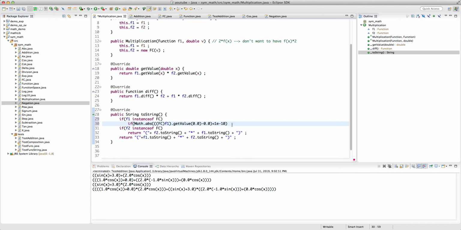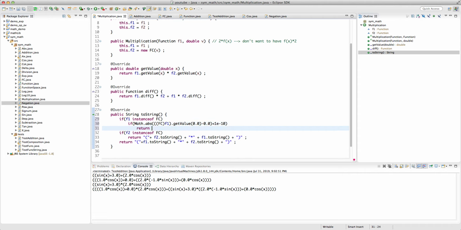we are going to assume that this function is 0. Okay, so return empty string, because for 0 we don't add, or we could add this in the multiplication.